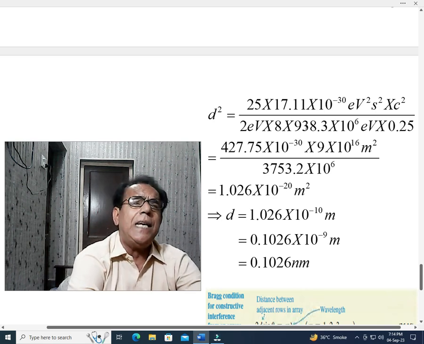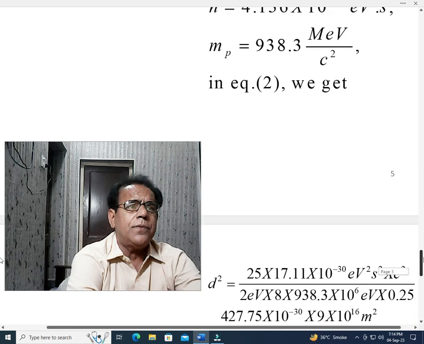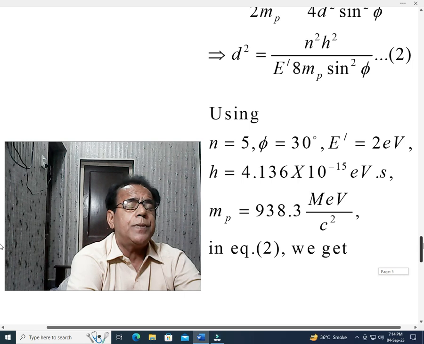Here we have used the value of Planck's constant h and Mp equal to this.